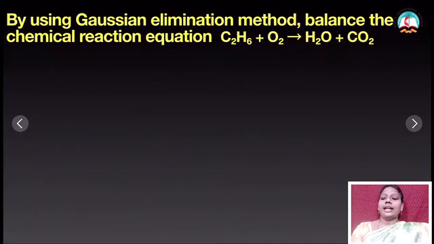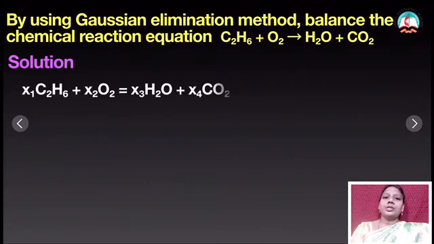Okay, so we are going to take it as an equation. First, just take what all the variables are. Carbon is given, hydrogen is given, oxygen is given. So how many variables are here? We have carbon, hydrogen and oxygen. The number of terms is 1, 2, 3, 4.